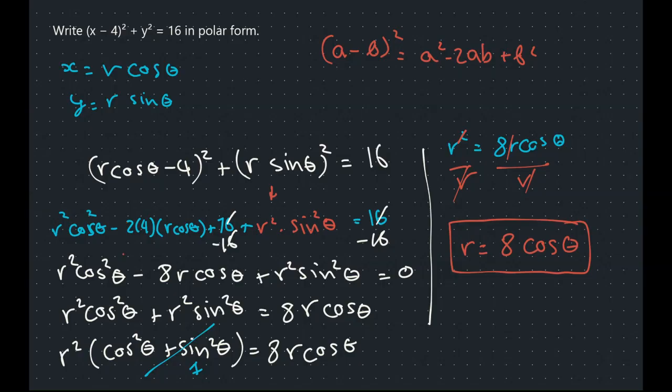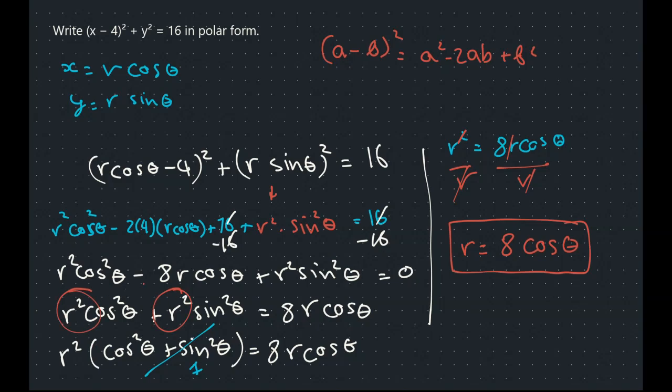And after I broke this power and distributed, of course, the power of 2, I moved the middle term, 8r cosine theta, to the other side to have this amazing identity with cosine squared and sine squared. After I did that and I left them on one side, I factored out the r, this r and this r.